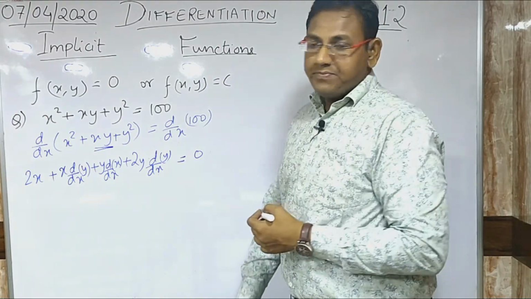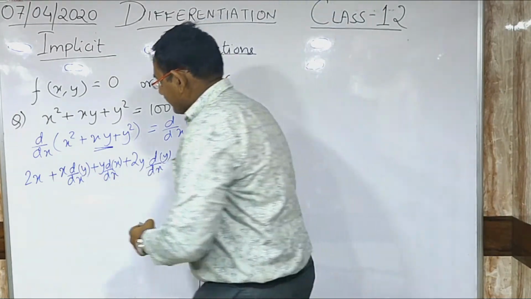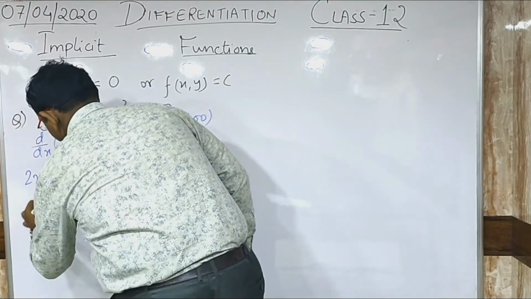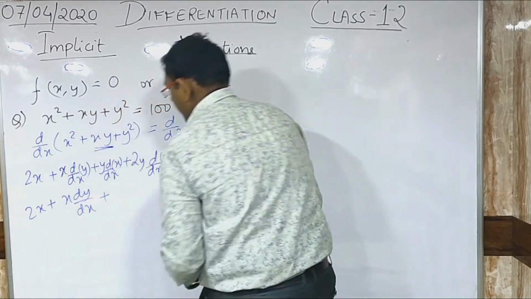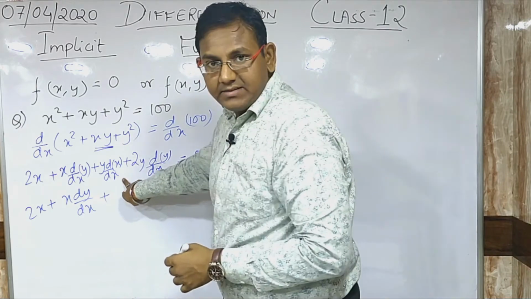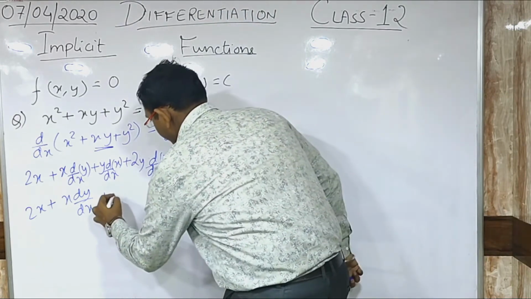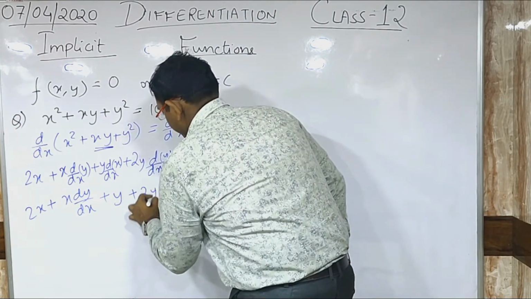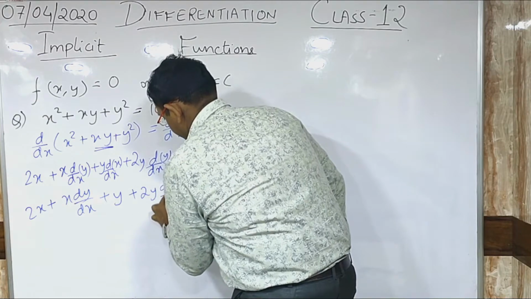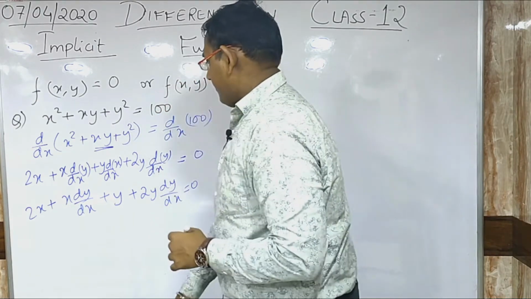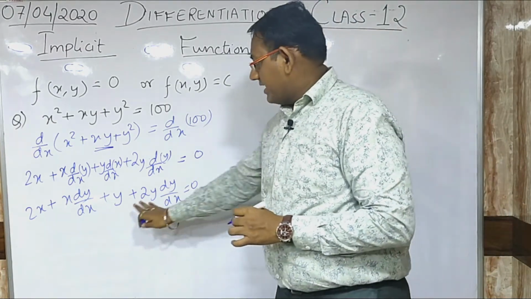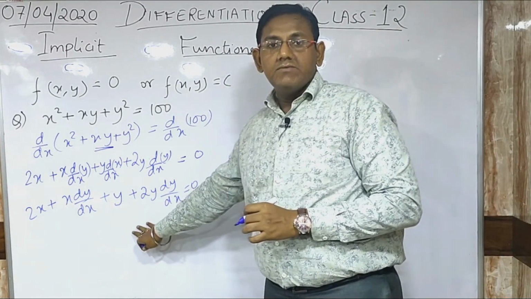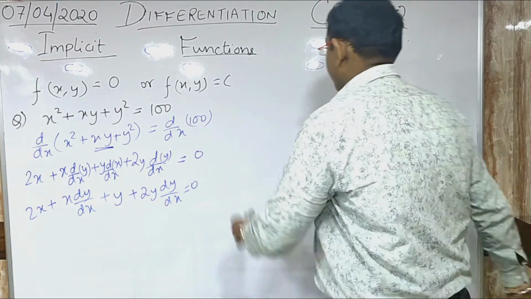Now dy/dx will remain as it is, so 2x plus x dy/dx plus dx/dx. If you differentiate this, you get 1, and this one will give you dy/dx, equal to 0. Now keep all the dy/dx containing terms on the left hand side and the terms without dy/dx on the right hand side.